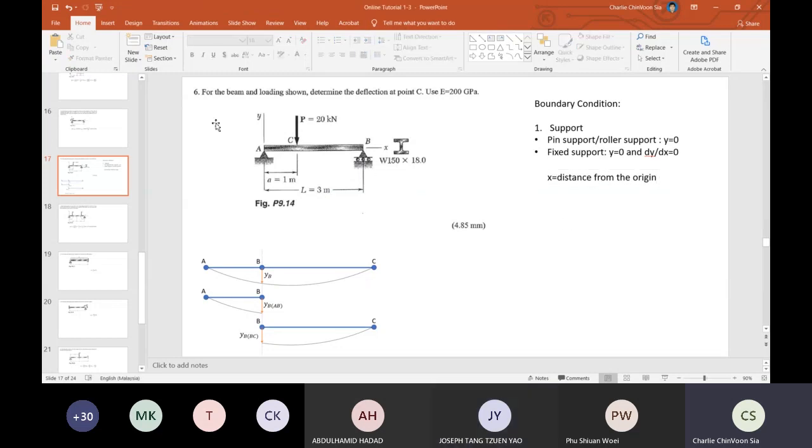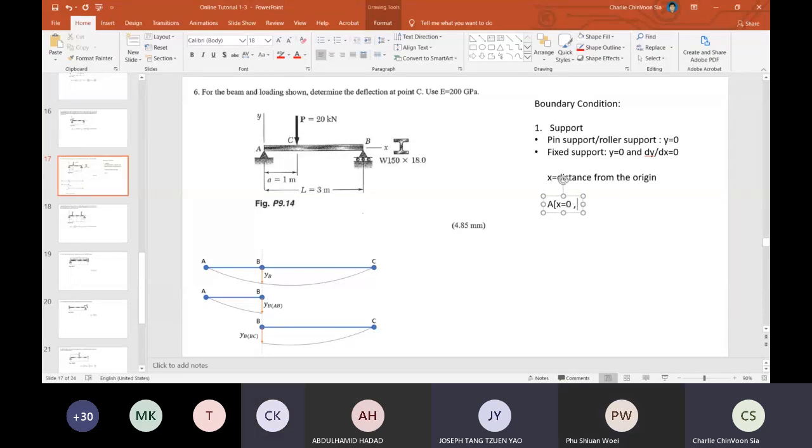If we consider pin A, we have a support at A, so for A, the boundary condition will be x equals to 0, y equals to 0, because it's a pin or roller support.